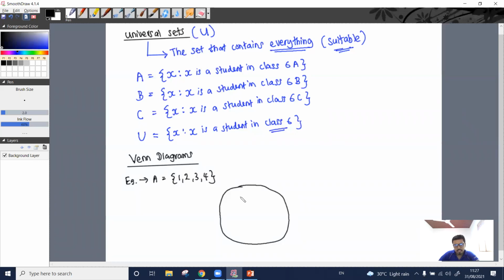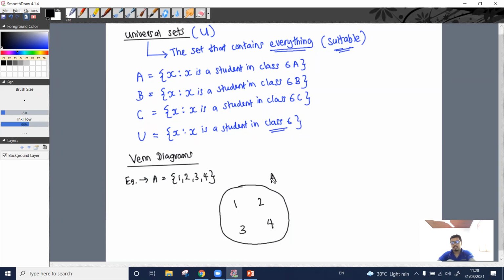We draw a circle, and inside the circle we write the elements. This is set A. So this is how we present a given set using Venn diagrams.